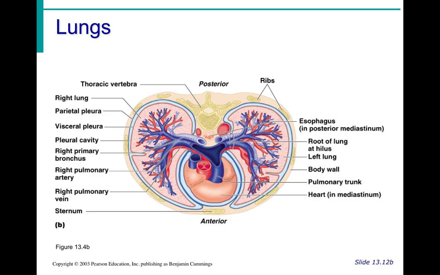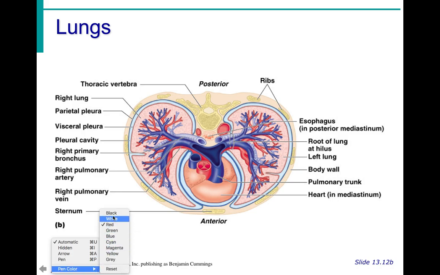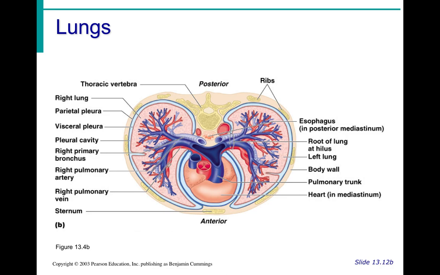Okay, so here is a cross-section of your lungs. If you look at the diagram here, this is the back with the backbone here. This is your front. This main tube, and it's showing the blood vessels. These right here are going to be the bronchi, the bronchioles that are coming off of your trachea.